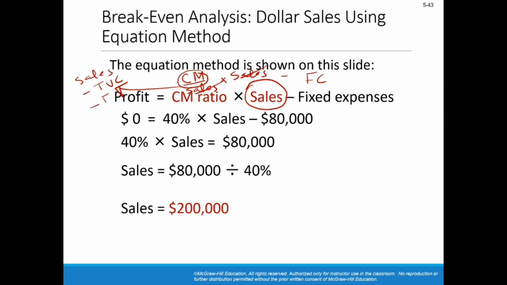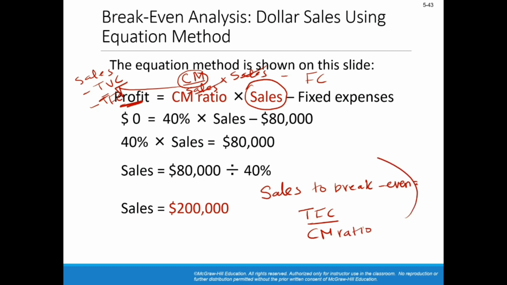Deduct total fixed cost and you will get back to a profit. So to solve for sales to attain zero profit or break even, you will simply say that sales to break even is equal to total fixed cost divided by CM ratio.